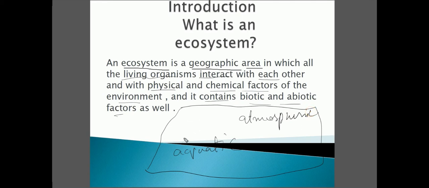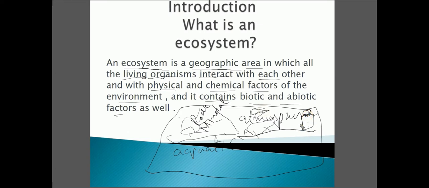Here there may be rocks or some minerals, and it also contains land, with some animals if I draw an animal like this, and it also contains birds, and it contains humans.